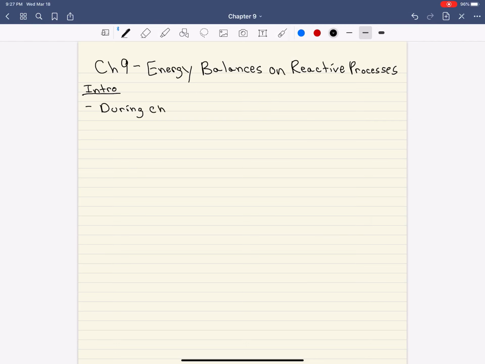During any chemical reaction, the chemical bonds that hold the reactants together are broken, and the chemical bonds of the products are formed.